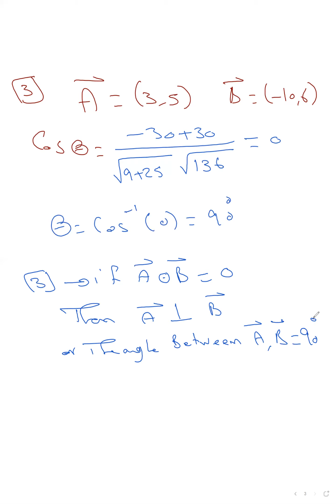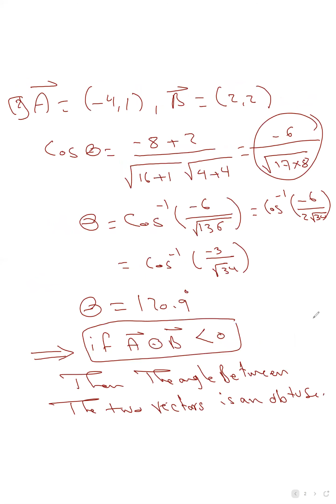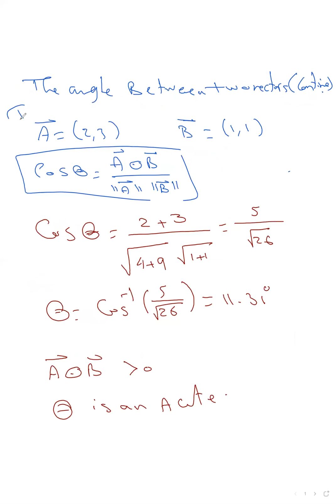Okay. From the first one, number 1: cosine theta equal positive. يعني ال A dot B equal positive. A dot B is positive then theta is an acute. يعني the angle between vector A and the vector B is an acute.